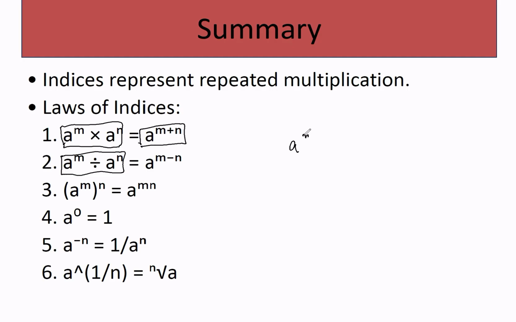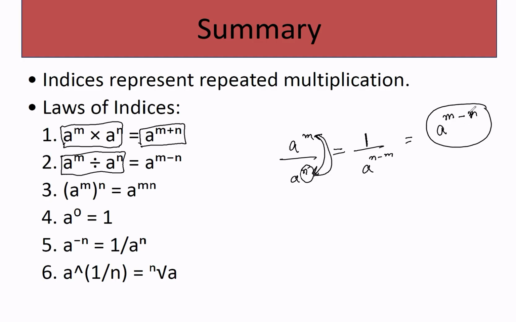This means if you want to bring the n from a^m over a^n to the top, you change the sign, so it becomes a^(m minus n), or 1 over a^(n minus m) if you move the m. So this is basically the easier rule.